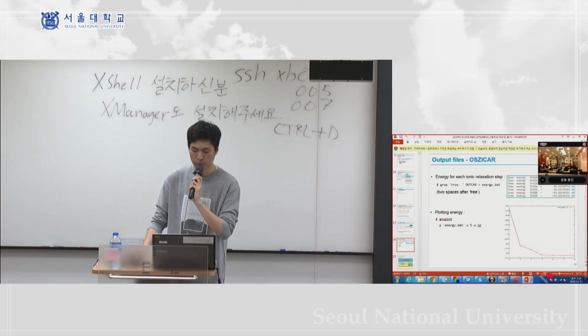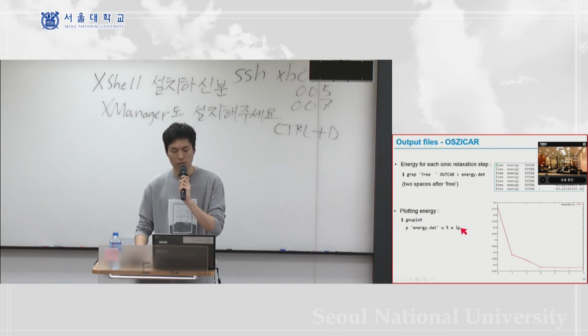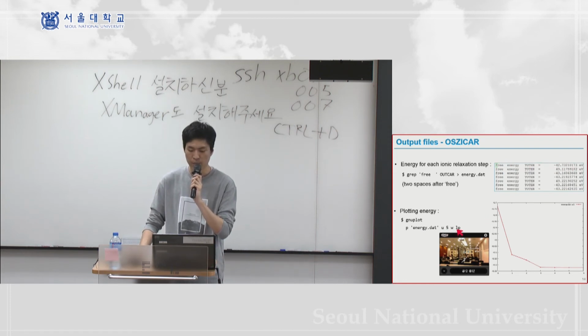So if you have gnuplot, then you can write gnuplot, and then inside gnuplot you can use this command. So plot the energy.dat file using the 5th column. As you can see, the energy is at the first, second, third, fourth, and fifth column. And we are plotting this with lines and points.